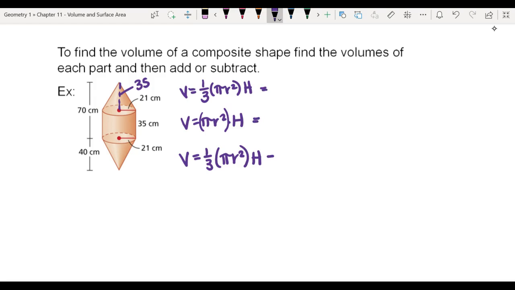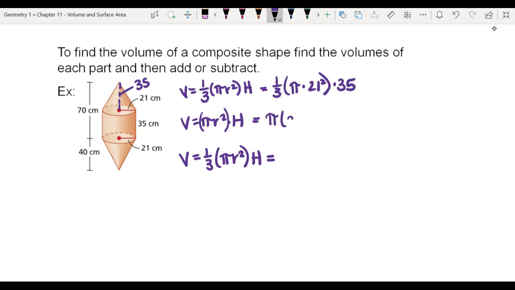So now I'm going to plug in what I know for each of these. For the top one, my radius is 21. My height is 35. So I would do 1/3 pi times 21 squared times 35. For my cylinder, my radius is again 21. My height is again 35, but this one's not times 1/3.